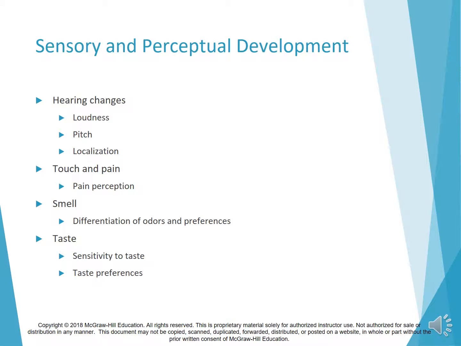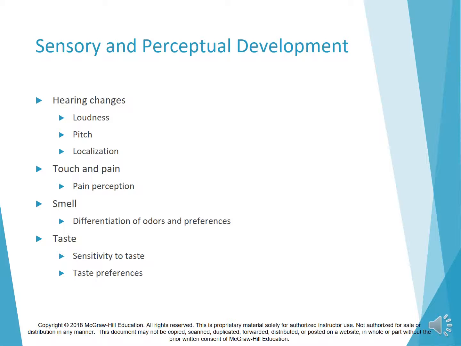So how about the other senses? Hearing is one that we believe can be perceived in the last 2 months of pregnancy. They believe that babies can actually hear their mother's voice. This is why a lot of times you see parents reading to the baby or talking to the baby while they're in the uterus.